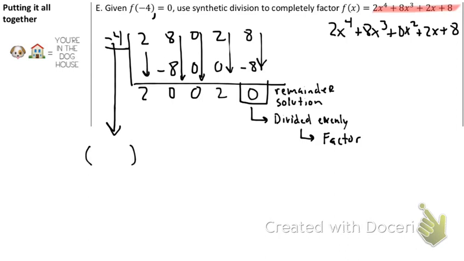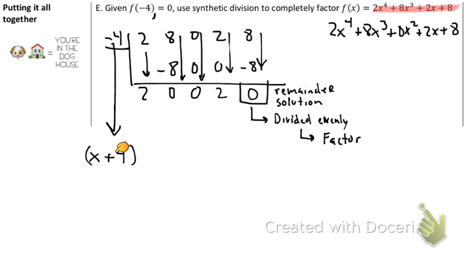We put the variable we're using, x, and the number I plugged in that gave me a 0 solution, in parentheses, but we switch his sign. So instead of -4, he turns into +4. He is now a factor.